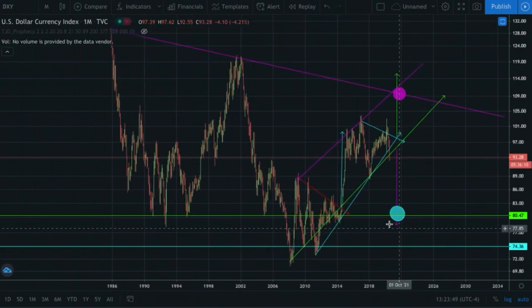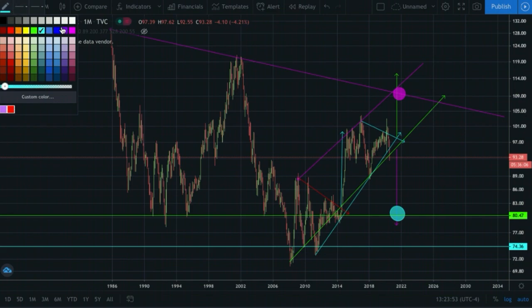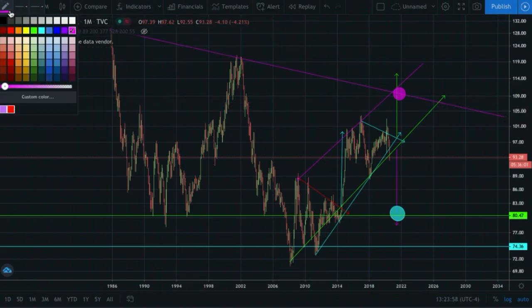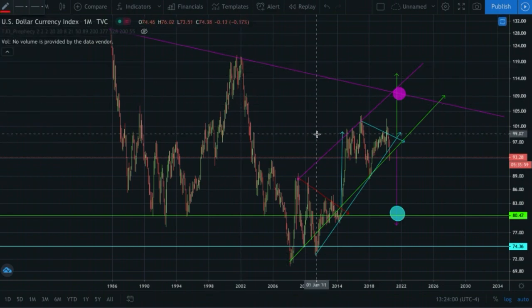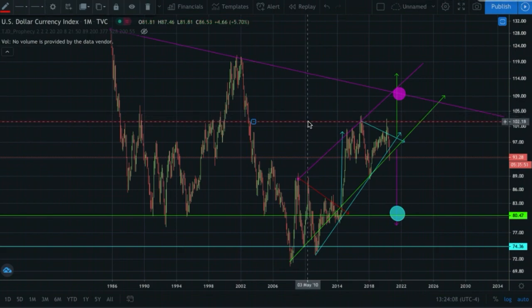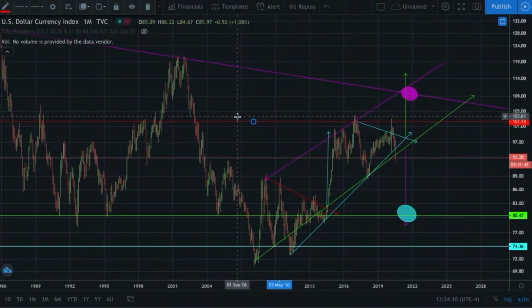And now keep in mind, again, the time frame that we're looking at is much longer than typically anybody's going to be looking at. And then for the upside, we basically have our horizontal resistance coming in right around this range right here.